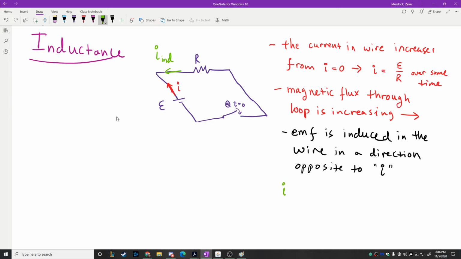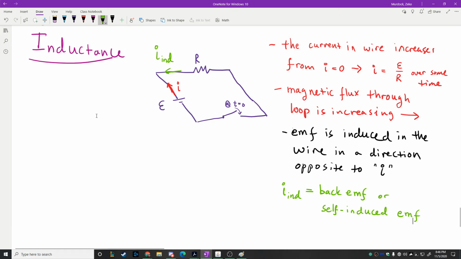And that I induced, this is sometimes referred to as back EMF because it's opposite the direction of the applied current, or it's referred to as self-induced EMF. Because after all, it's EMF that was induced into the wire due to current in the same wire, right?